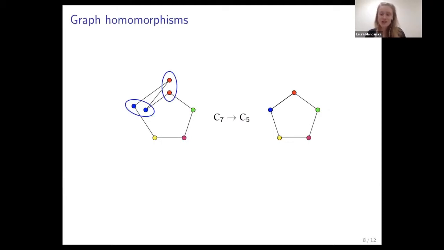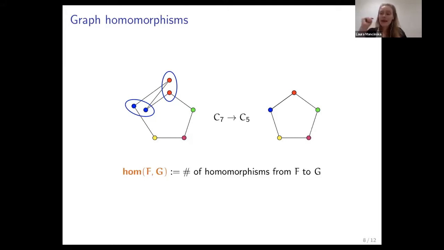Now, these are just adjacency preserving maps from the vertex set of one graph to that of the other. Here's an example. So you take a 7-cycle and you can map it into a 5-cycle using a graph homomorphism. Now, you might also want to ask, given two graphs, F and G, how many homomorphisms are there from F to G? Okay, now this is a counting problem. You want to count these objects. Let me denote this number by hom(F, G).